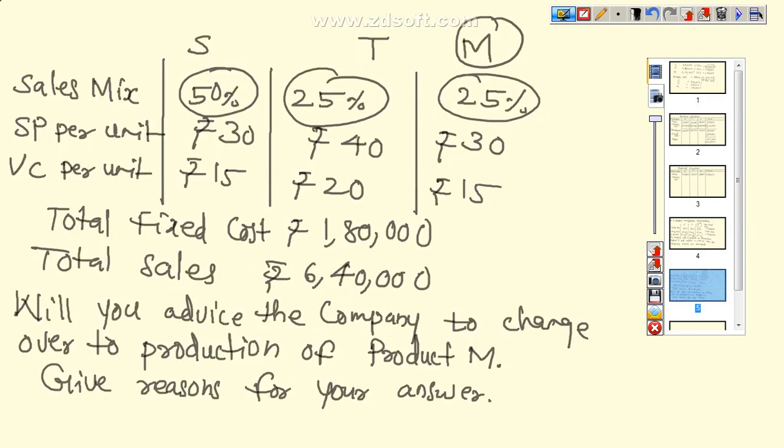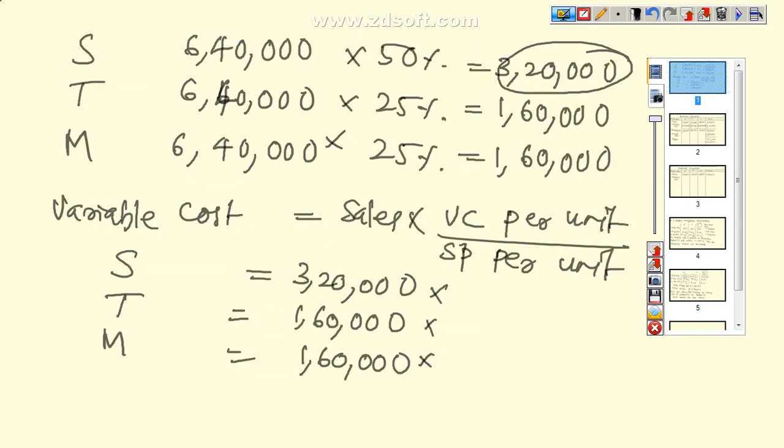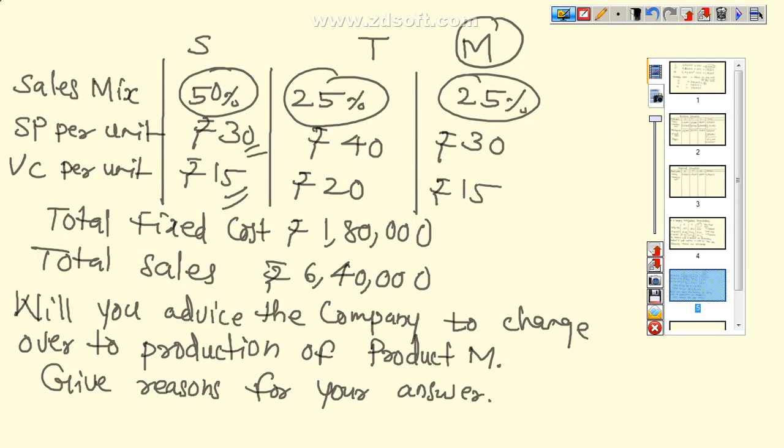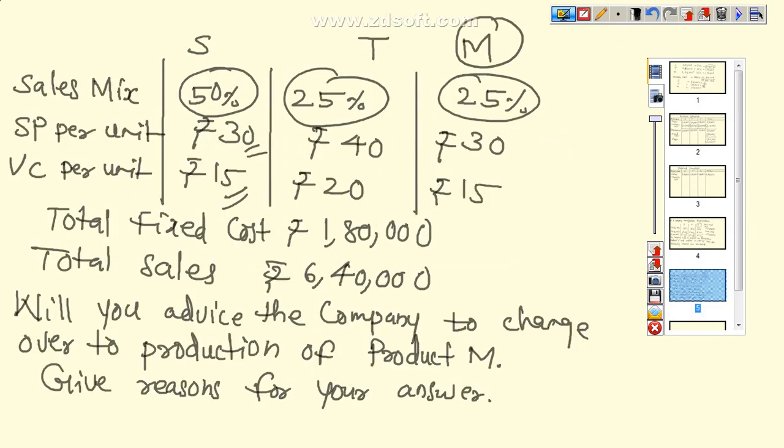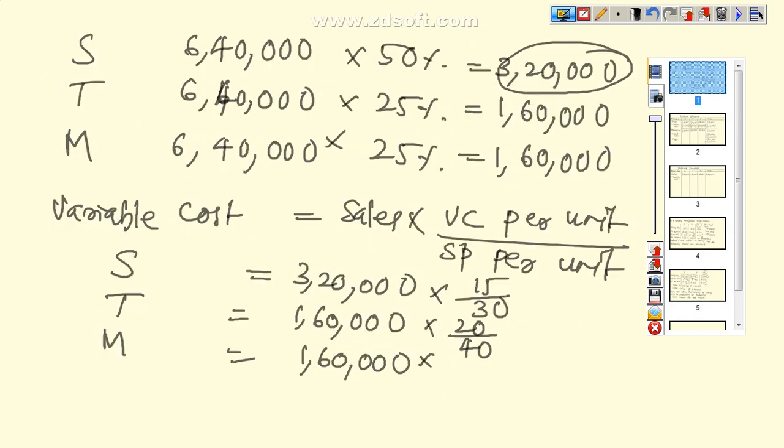According to the question, for the proposed situation, variable cost per unit is 15 and 30. So we write 15 upon 30. And for the second product, 20 upon 40. And for M product it is 15 and 30, so 15 upon 30.